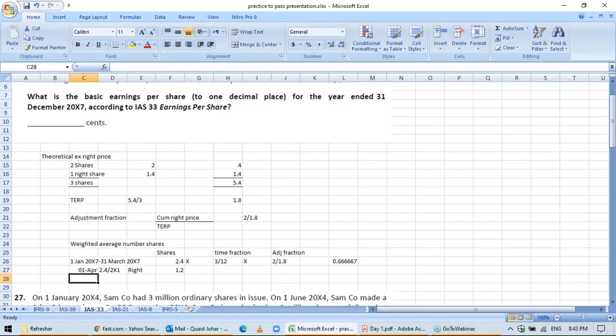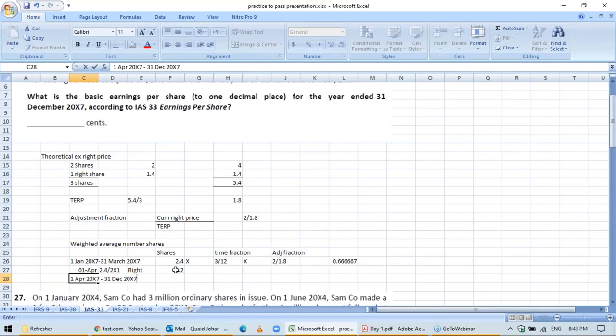Now the shares become 3.6 million on 1st April 20x7. Until when will the shares outstanding be 3.6 million? Till the end of the reporting period, meaning 31st December 20x7.